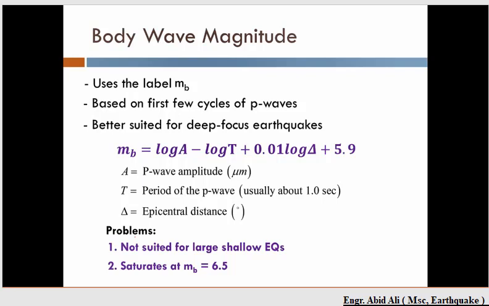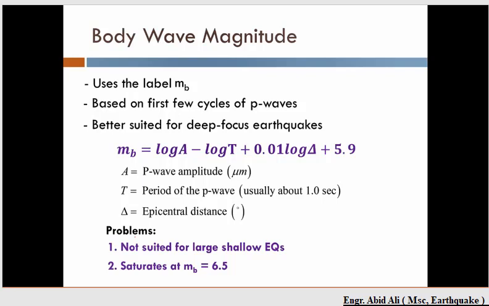Here's the equation for it, where A now is the amplitude in your instrument from the P wave arrival, and it's in micrometers. Then we have T, which is the period of the P wave.